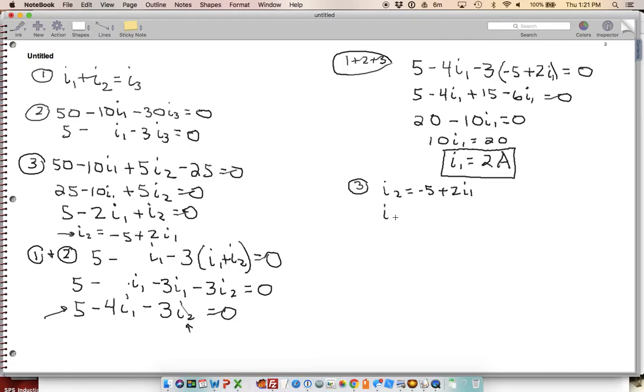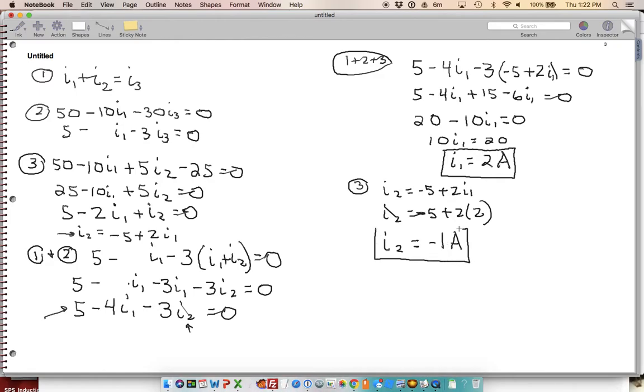So I2 is equal to minus 5 plus 2 times 2. Anyway, I think you can see that that's a minus. Okay, so that tells me then I2 is equal to, so minus 5 plus 4 is a minus 1 amp.